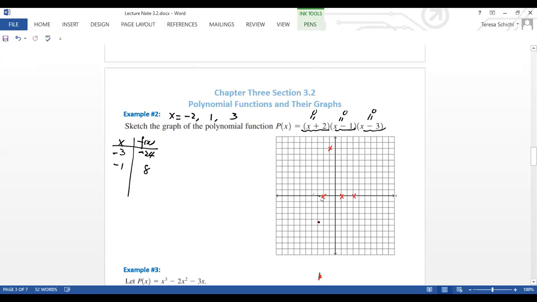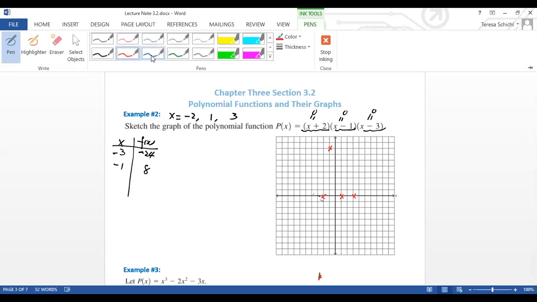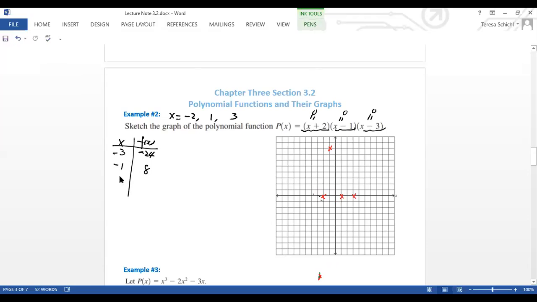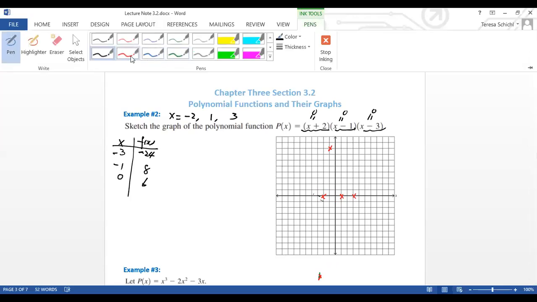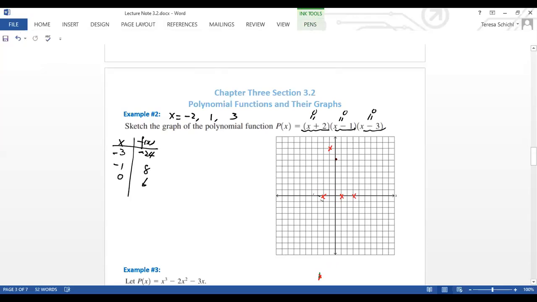I know I'm going down, up, and down, right? Now I need to find the y-intercept, which is x equal to 0. When you put 0 in here, I have a 6. So I know I'm passing through y-intercept 6 here.